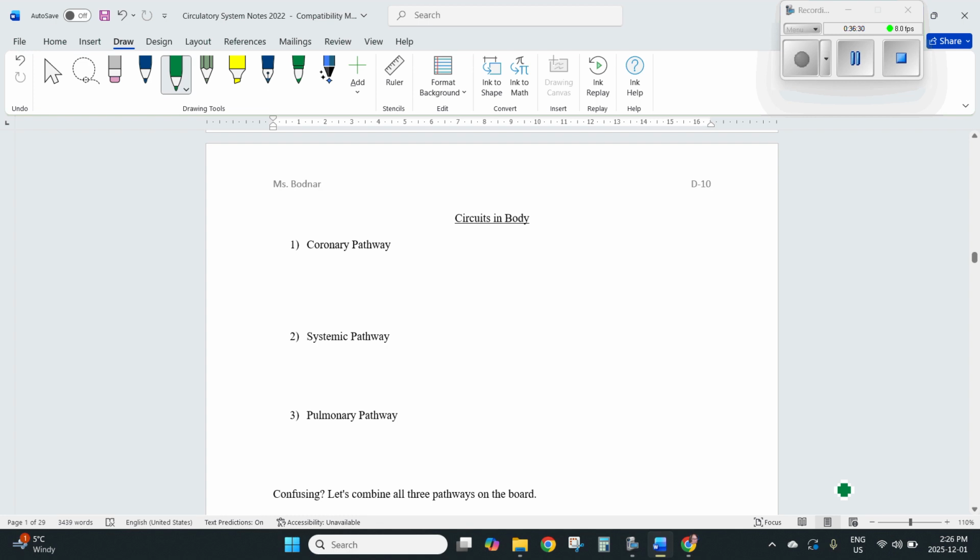I'm going to explain what these different pathways are, and then we'll combine them together. So the coronary pathway: the term coronary means heart. So it's the pathway blood flows in the heart.